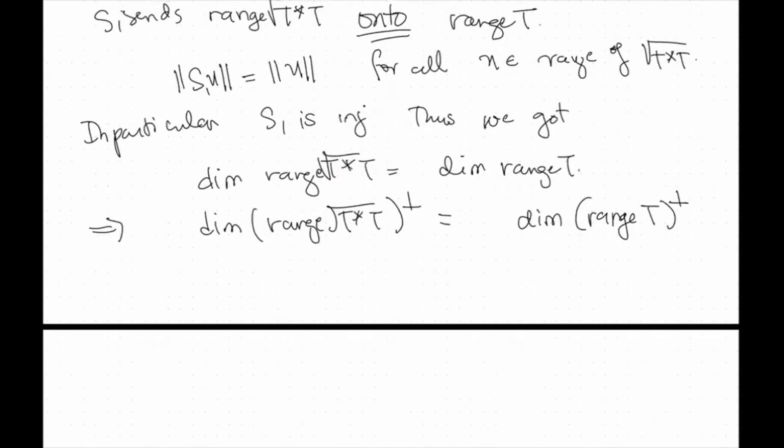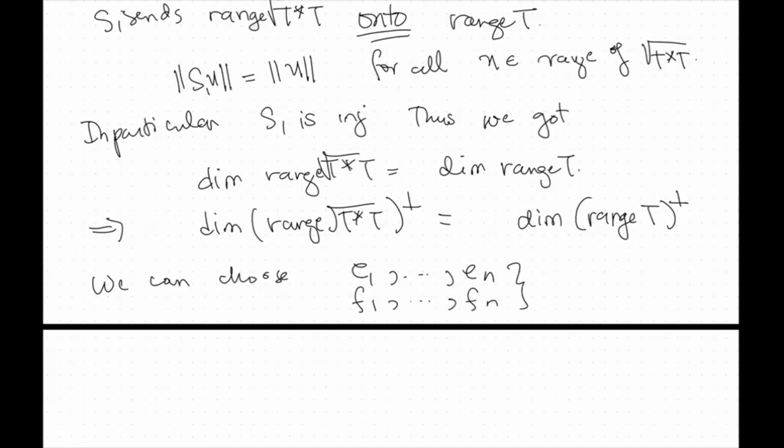So we can choose E1 to En and F1 to Fn, two distinct orthonormal bases of the same length. Let us say the length is m.